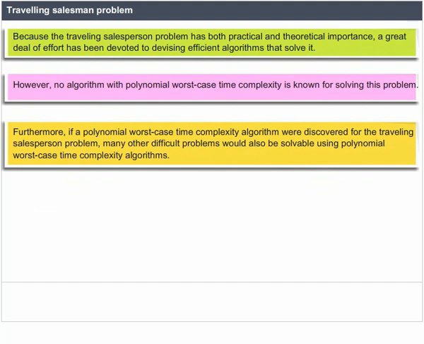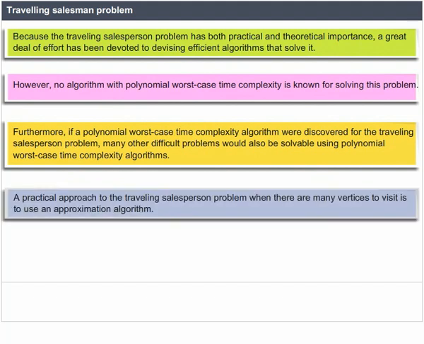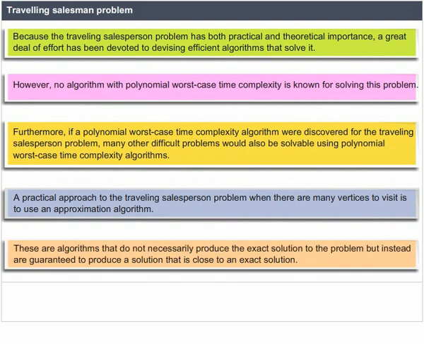A practical approach when there are many vertices to visit is to use an approximation algorithm. These are algorithms that do not necessarily produce the exact solution to the problem, but instead are guaranteed to produce a solution that is close to an exact solution.